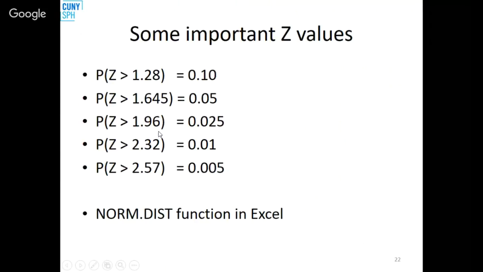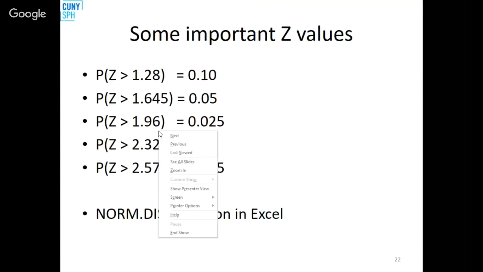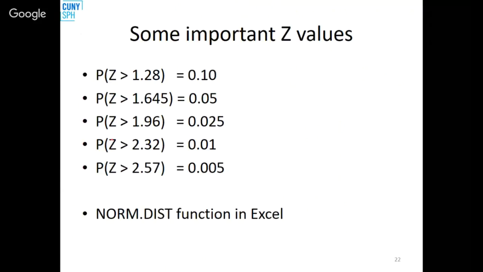These are some important z values, but I would say the only one that you really need to know is this one. This is going to come up over and over again.